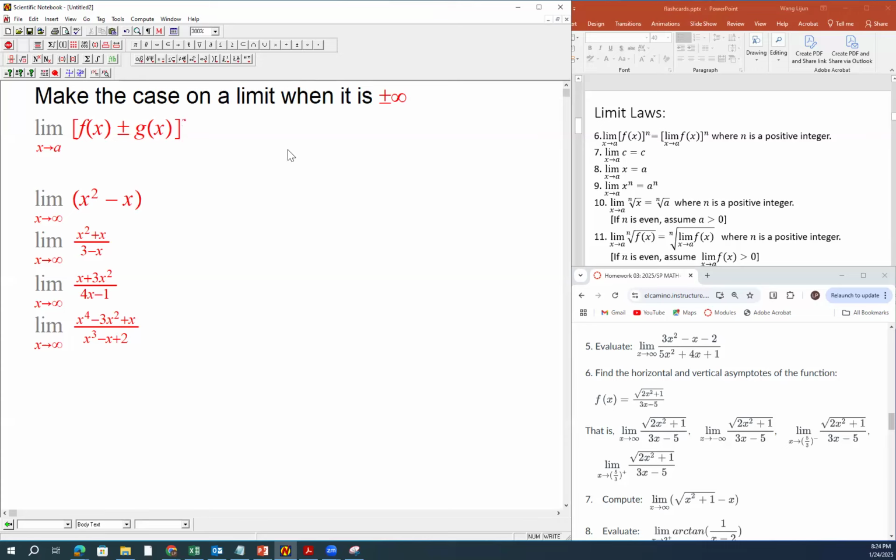We can only apply the limit law if both limits individually exist.